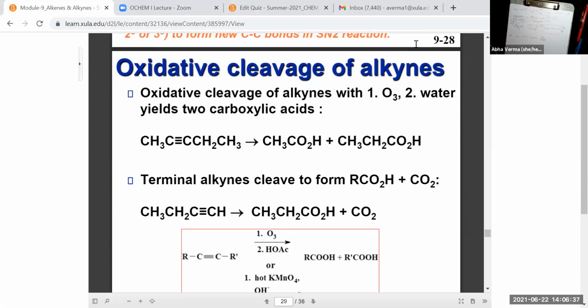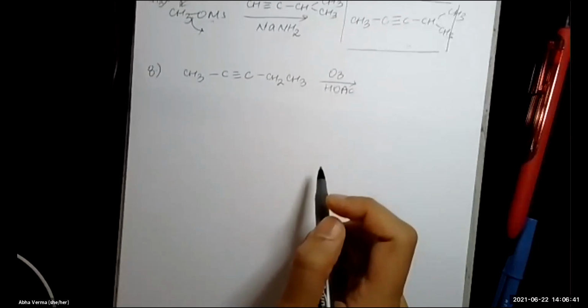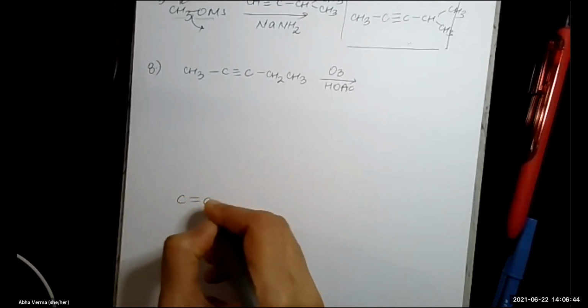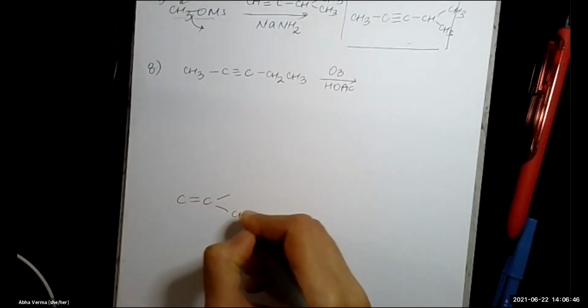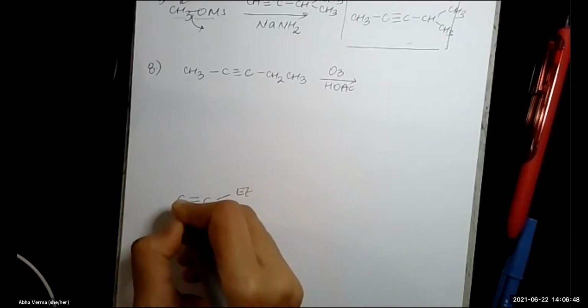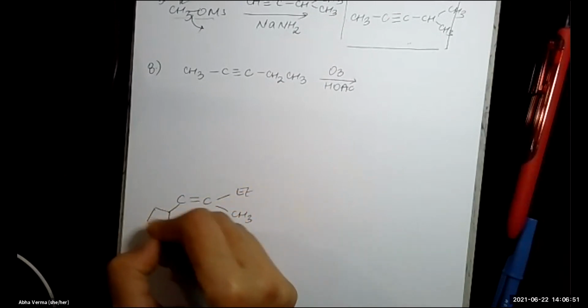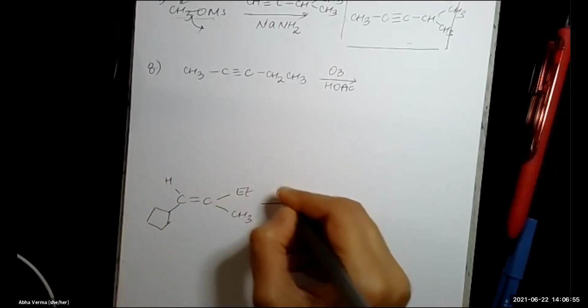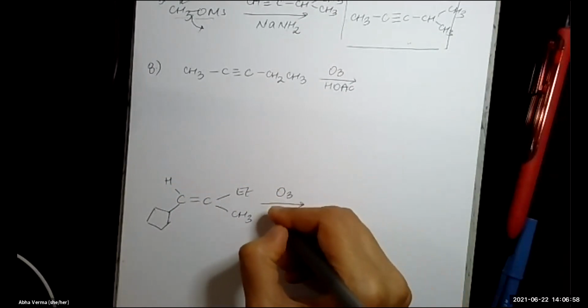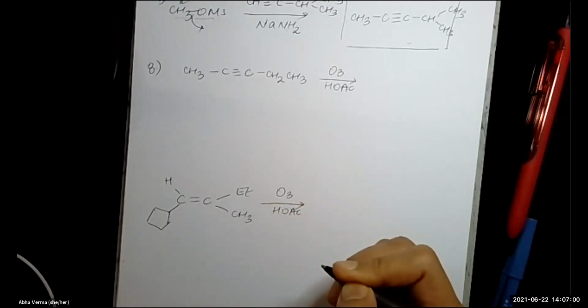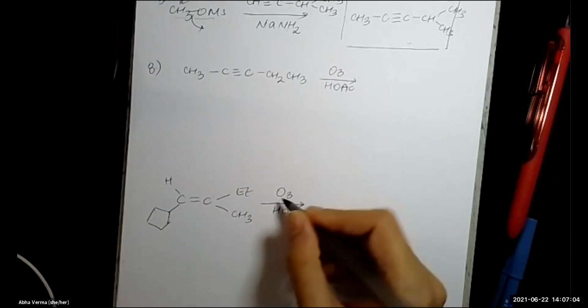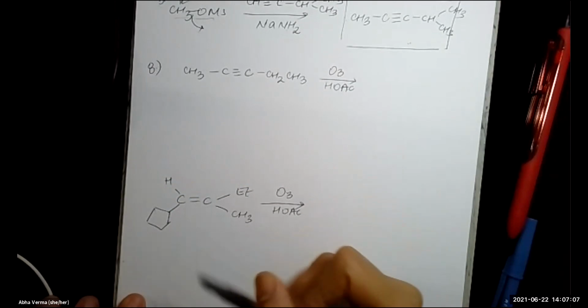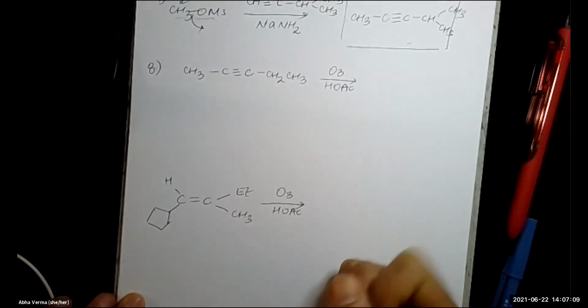So we had the double bond, and we have our groups, and in presence of ozone, you will be doing your alkene cleavage, right?